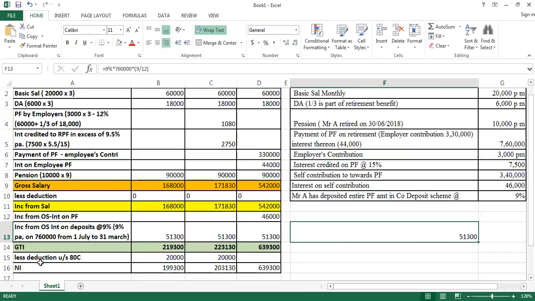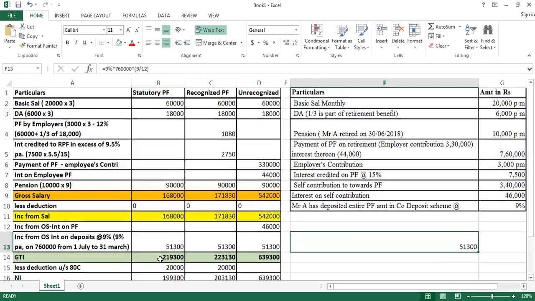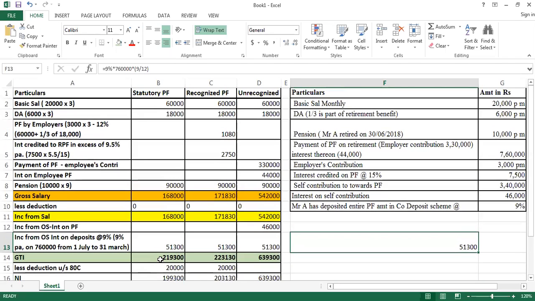Okay, less deductions. Now, can you tell me from where did I get this 20,000 rupees? Less deduction under section 80C. Can somebody tell me quickly? Employer contribution is not this.